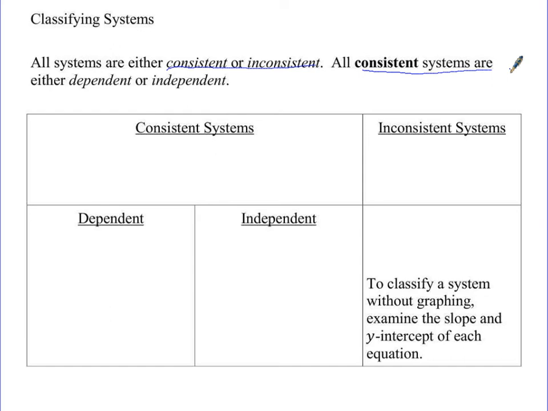Consistent systems have a solution. Inconsistent systems, no solution. If it has a solution, that means the lines cross.